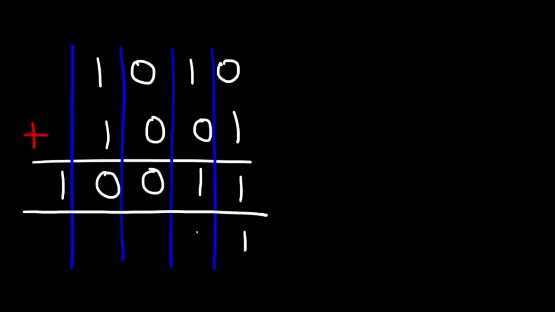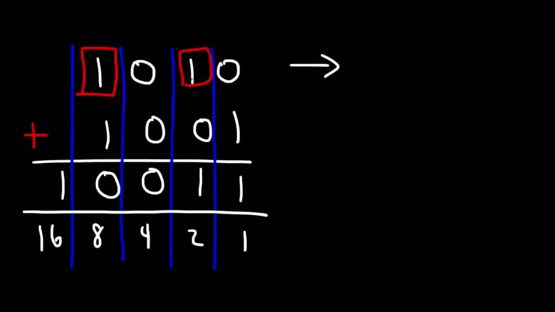So this is 1, 2, 4, 8, and 16. So 1, 0, 1, 0 is going to have the decimal equivalent of 8 plus 2 because it's in this column. 8 plus 2 is 10. So that's the decimal equivalent of 1, 0, 1, 0.